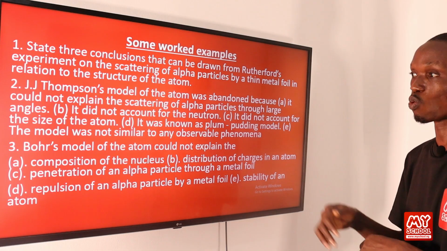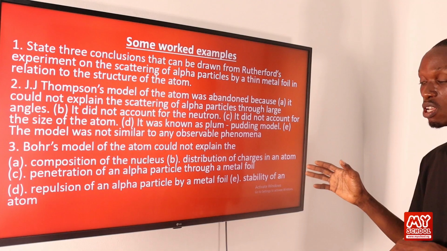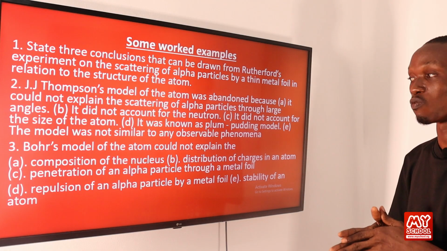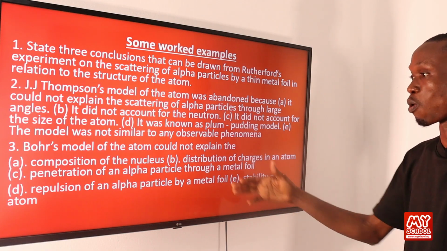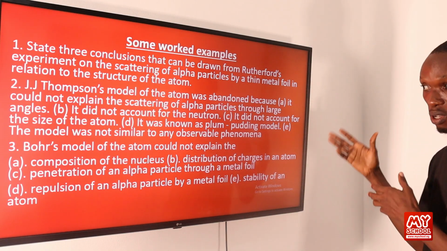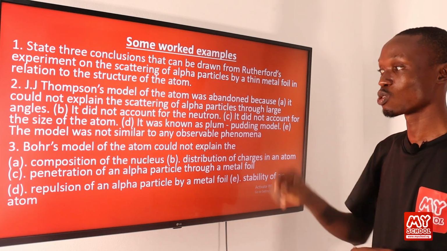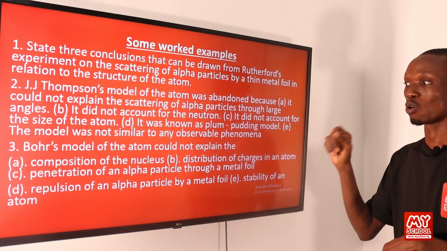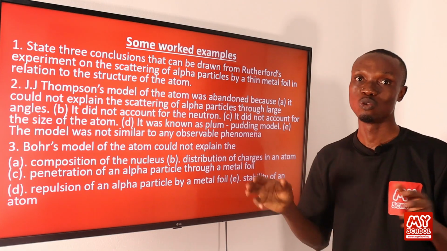Okay, so the answer to this question is option A. So the Bohr model of the atom could not explain the composition of the nucleus, but it was able to give explanations from option B to option E. So the answer is option A. Bohr's model could not explain the composition of the nucleus.